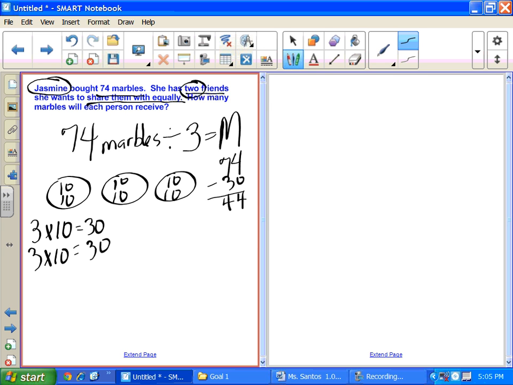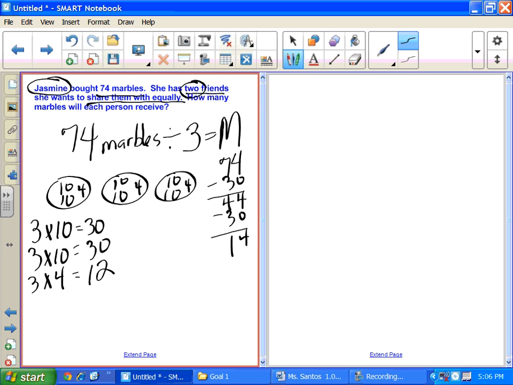So that's another 30 marbles given out. And that left 14 marbles, and we know that we could give another 4 marbles to each. Why? Because 3 times 4 is 12. It gets us close to 14, but doesn't go over.